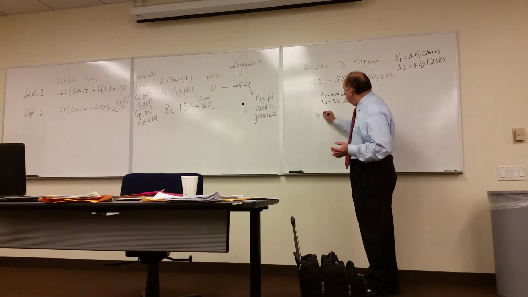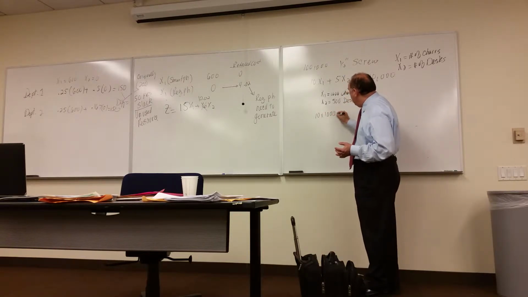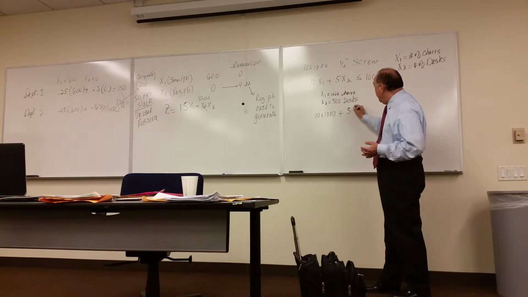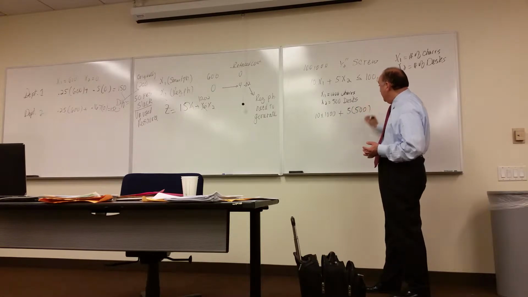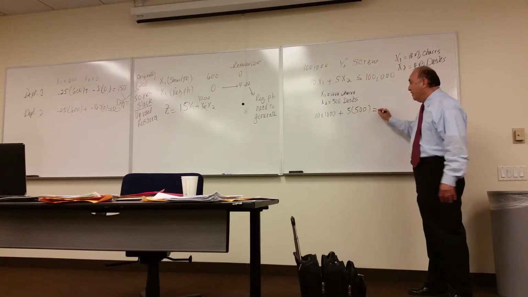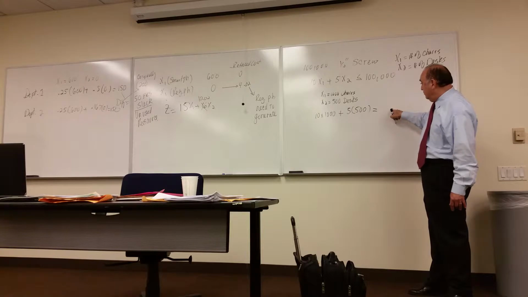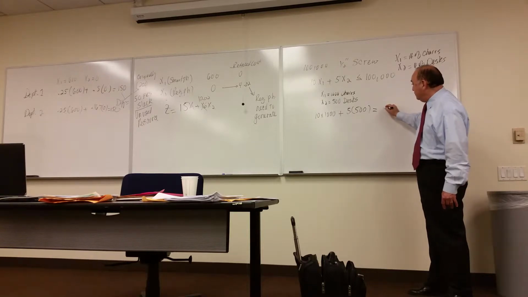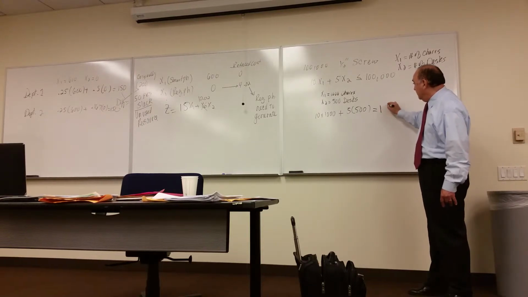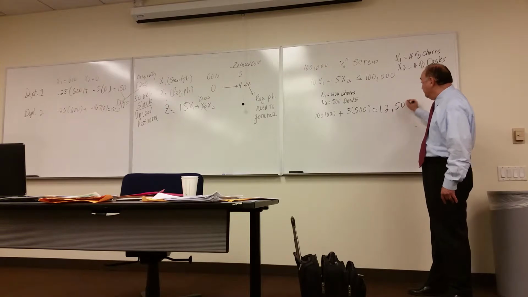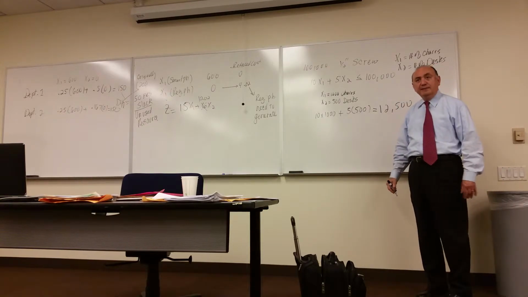Then 10 times 1,000 plus 5 times 500, I have, what is that, 12,500, okay?